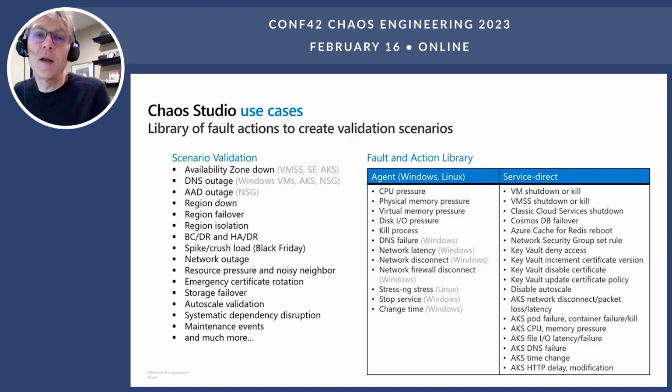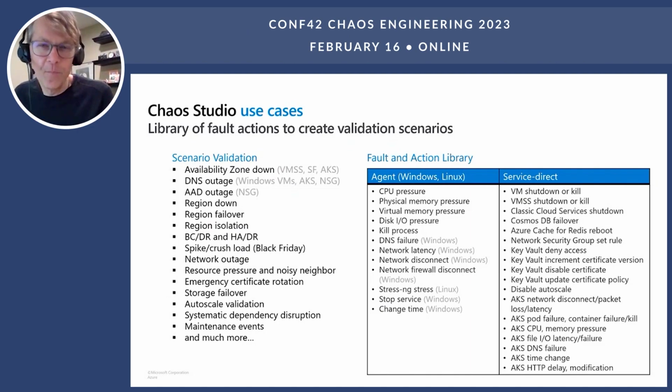So we have network security group rules faults that allow you to block access to IP addresses and ranges so that you could disrupt your own microservice communications. And then through Azure Service Tags, we can also block access to other Azure resources. So we can take the Azure Cosmos DB service tag, put that in an NSG rules fault, and block access to Cosmos DB.